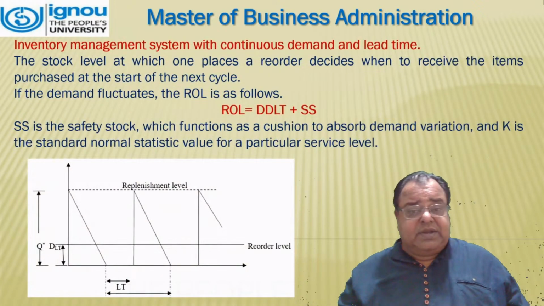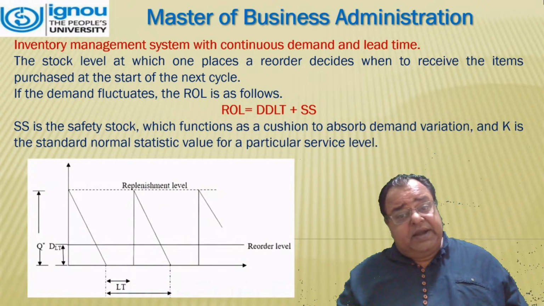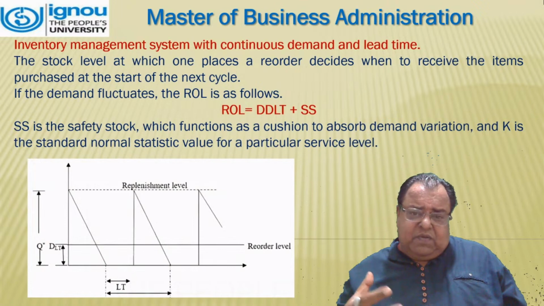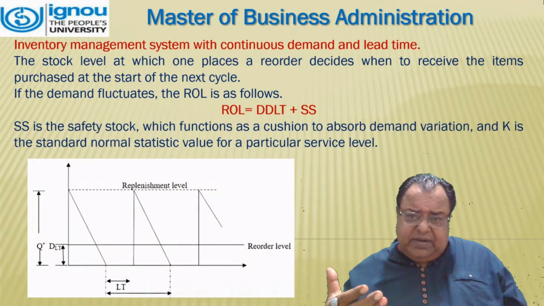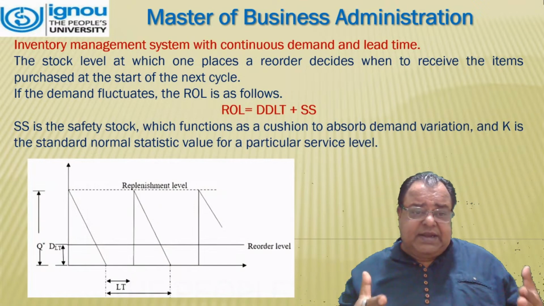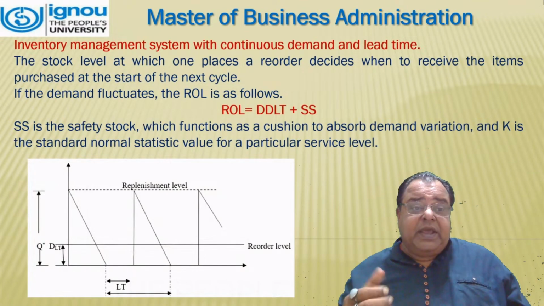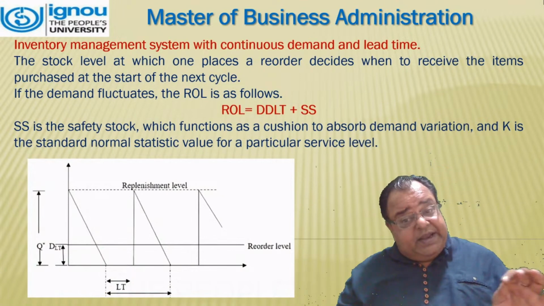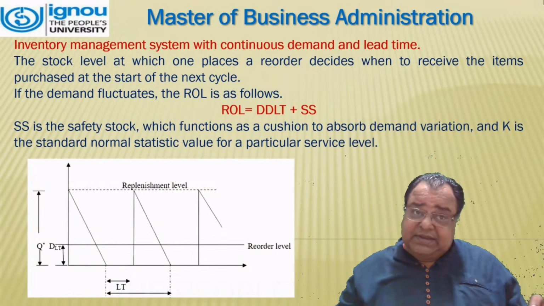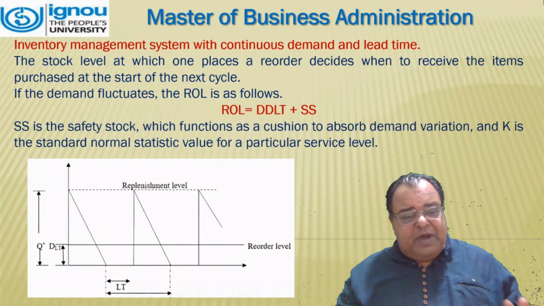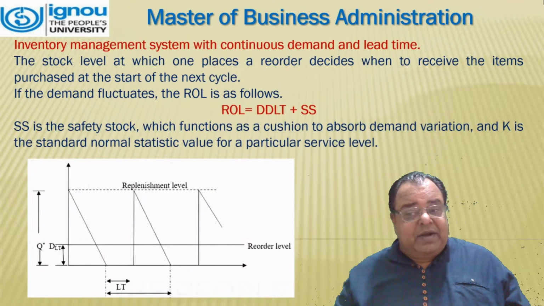Inventory management system with continuous demand and lead time. The stock level at which one places a reorder decides when to receive the items purchased at the start of the next cycle. If the demand fluctuates, the ROL will be DDLT plus SS, where SS is the safety stock, which functions as a cushion to absorb the demand variation.